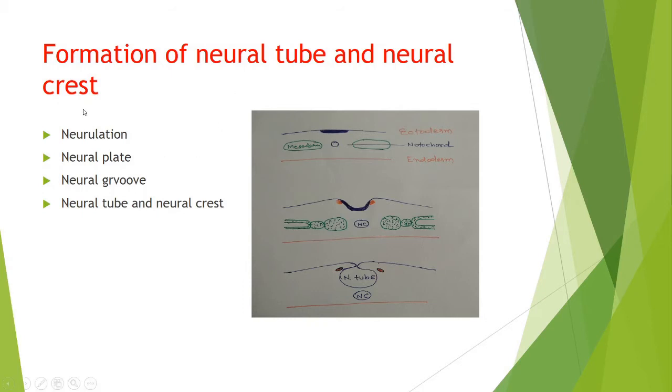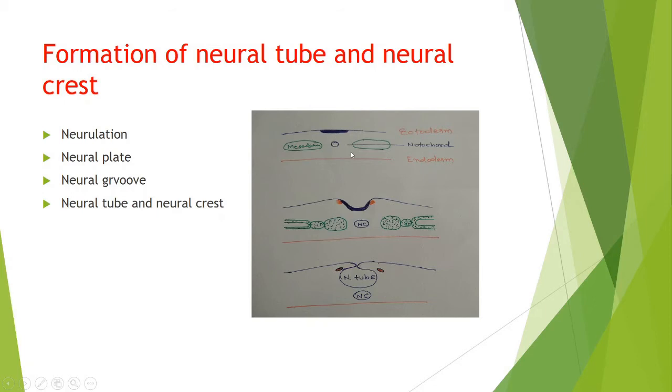Before the formation of the neural tube, some cells of the ectoderm overlying the notochord become differentiated, and these thickened cells are converted into a particular type of cell responsible for the formation of the neural tube. Initially it forms the neural plate.